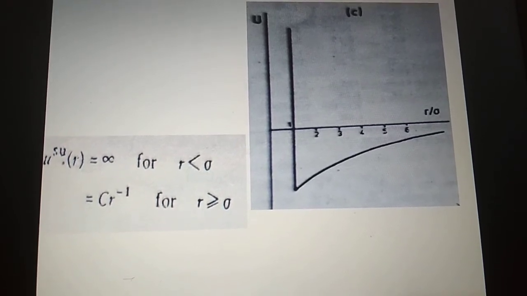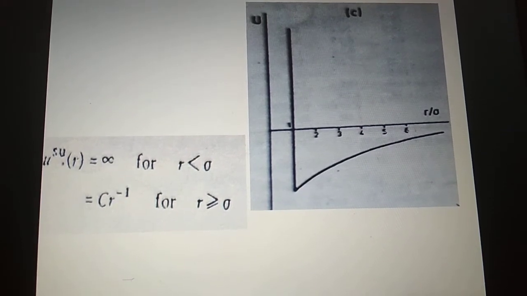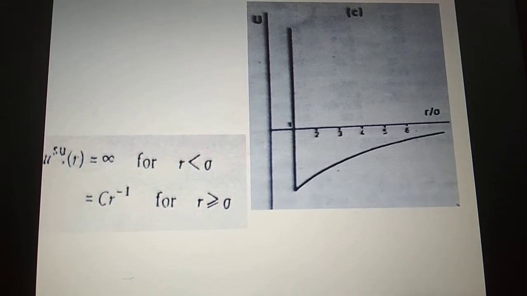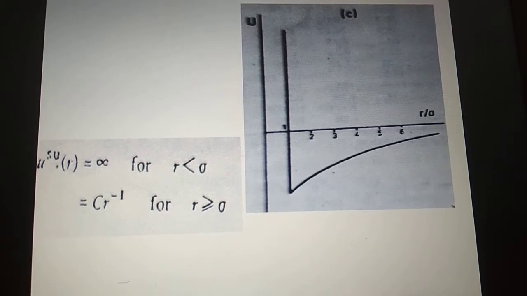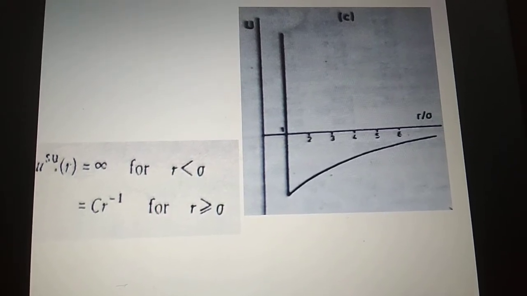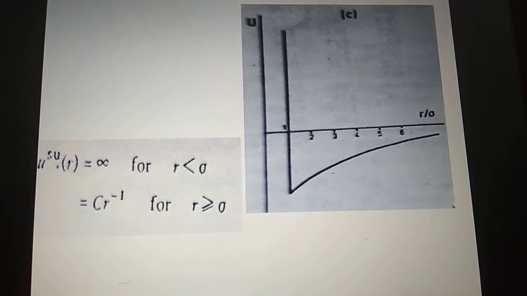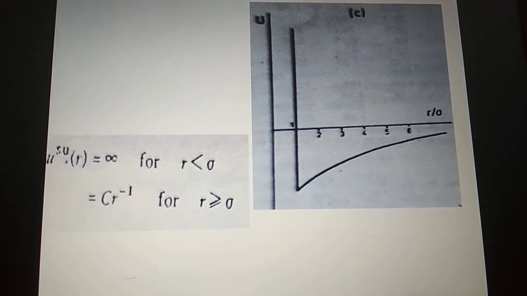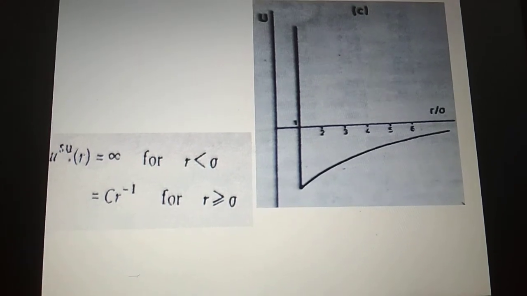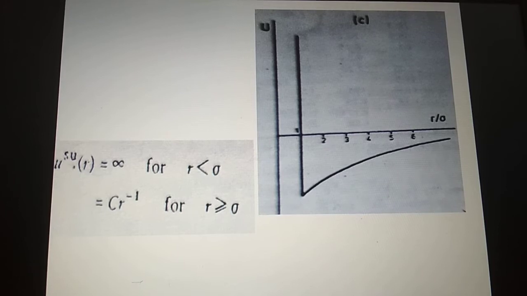Again the repulsive forces are represented by the properties of hard spheres, but the attractive forces are related to Coulombic interaction between charges. Here μ_S(r) is equal to infinity for r less than σ and -C/r^n for r greater than or equal to σ.